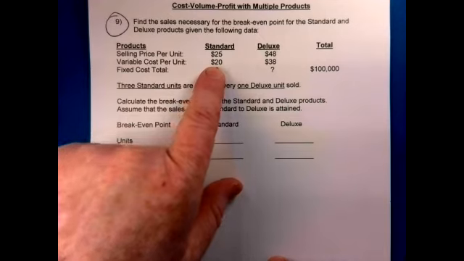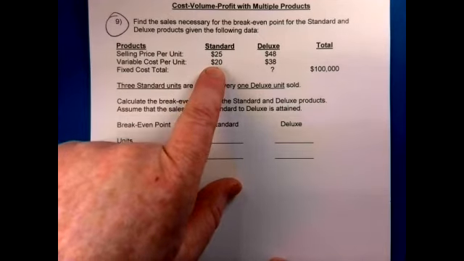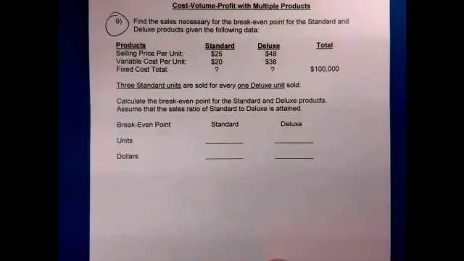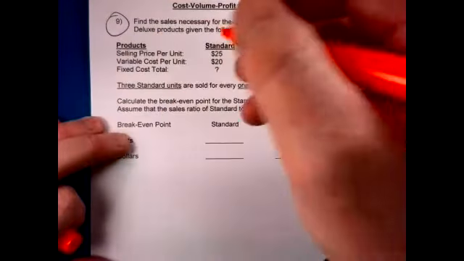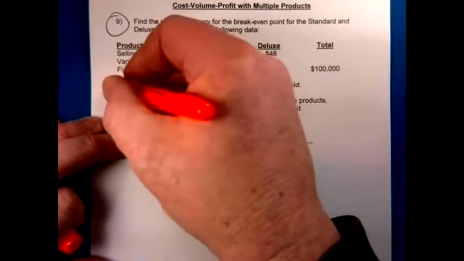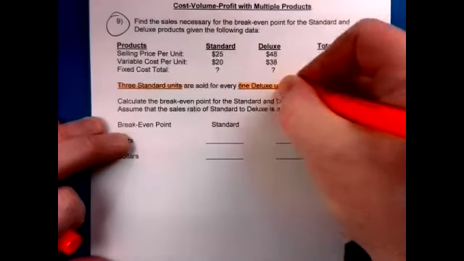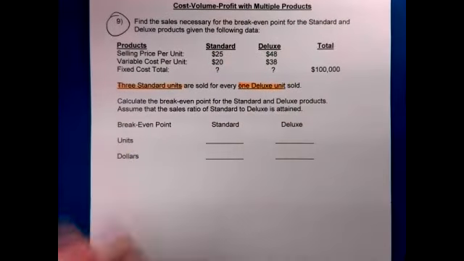The selling price and the variable costs, you can figure those out for each one of these. The fixed costs are the problem. How much do you apply to each? And the problem is from here: 3 standard units are sold for every 1 deluxe unit.